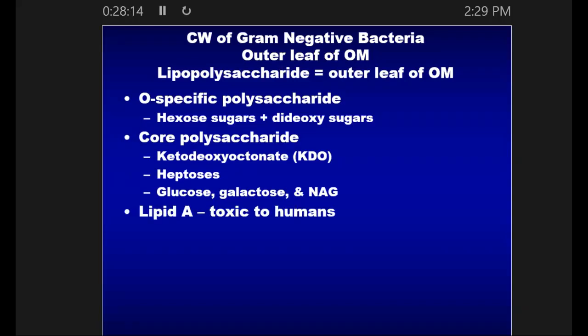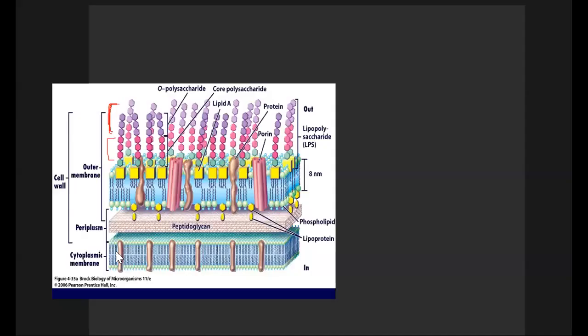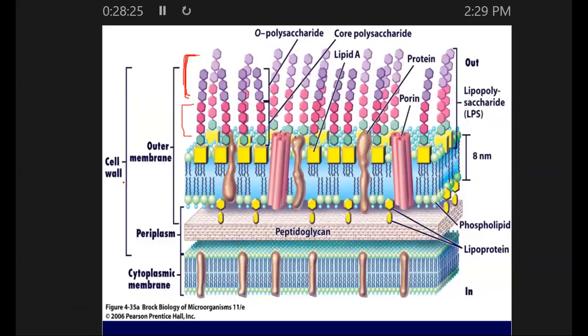And then that yellow thing, I'll go back to the image, is called the lipid A. All those yellow squares, those are lipid A molecules. Okay, lipid A, that's what our body can overreact to, the lipid A portion of the lipopolysaccharide.